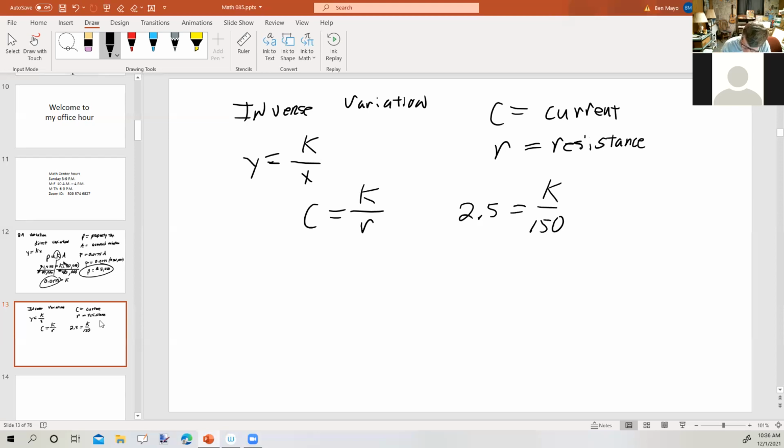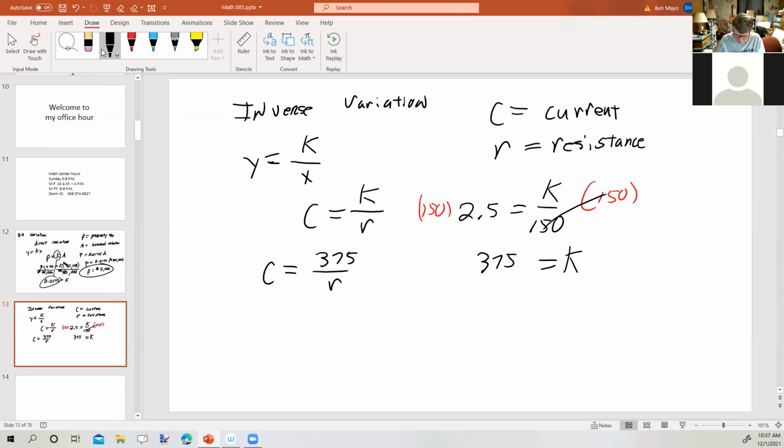Okay, so first of all, we've got 2.5 equals K over 150. We'll multiply both sides by 150 in order to determine what the variation constant is. So 150 times 2.5 is 375. So now we've got C equals 375 over R. It says, find the current in the circuit if the resistance is doubled.